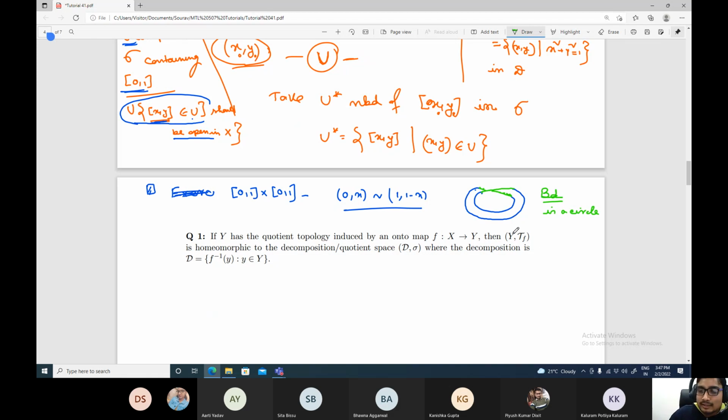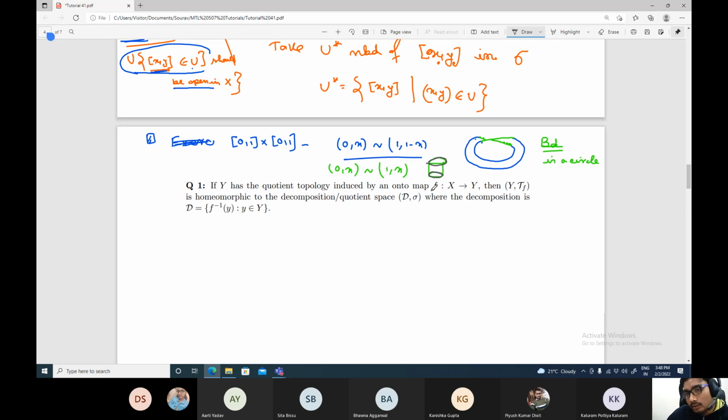Though if you take the cylinder, instead of taking this identification, if you simply identify (0, x) with (1, x), then it will give you a cylinder of this form. There it will have two boundaries, one is this one, another one is this one. So for the Mobius strip, it is important that it has one boundary. Its boundary is a circle.